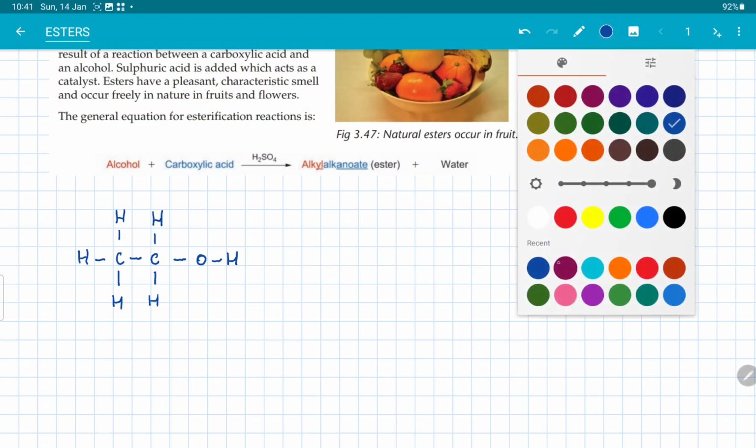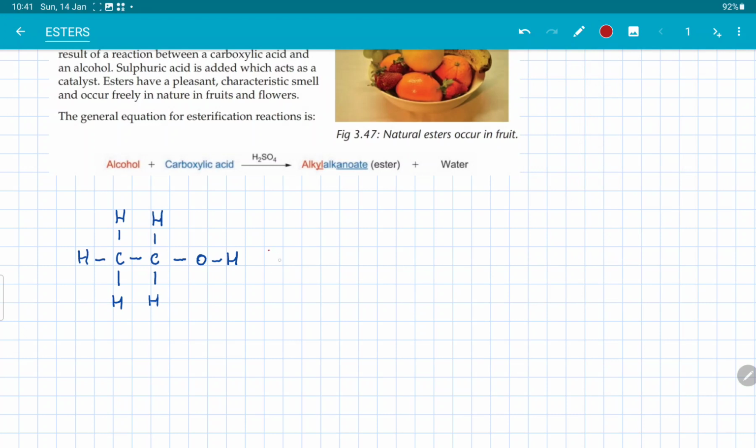So let's add a carboxylic acid, also a shorter chain, relatively speaking. Let's use propanoic acid. Notice when I draw OH on the left, I don't do this, because it must always be the carbon attached to the oxygen, not the hydrogen.